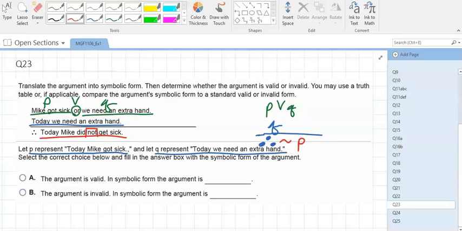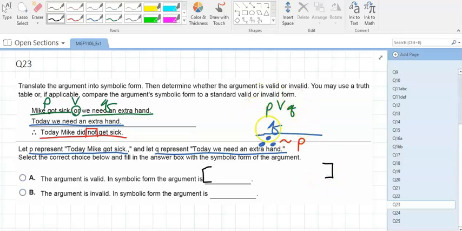So when you draw a truth table to this, we need to turn this into its symbolic form. So here's how all of this information transforms. Each one of your statements above my blue horizontal line goes inside the bracket that you will create here.